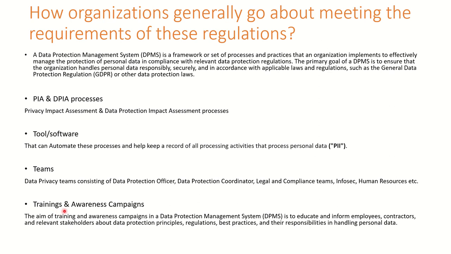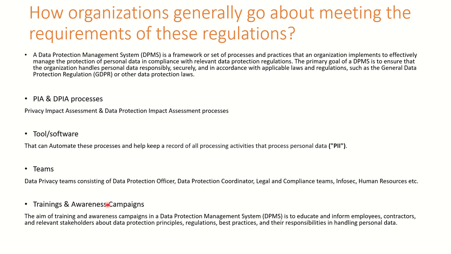Then another important component that forms a part of the data protection management system is trainings and awareness campaigns. The aim of training and awareness campaigns is to educate the employees, contractors, and all relevant stakeholders about data protection principles, regulations, best practices, and what their responsibility is in handling personal data.